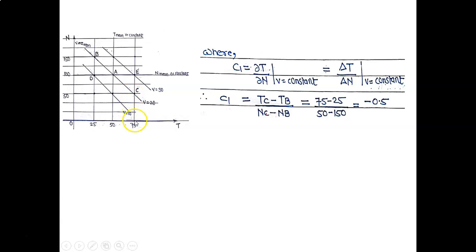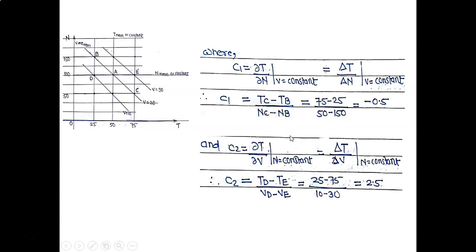Value of Tc is 75, value of Tb is 25. Therefore, 75 minus 25 divided by, what is the value of Nc? Nc is equal to 50 and Nb is equal to 150. Therefore 75 minus 25 divided by 50 minus 150. By doing the calculation we get C1 is equal to minus 0.5. Now we will find out C2.